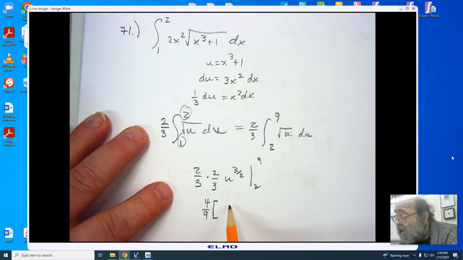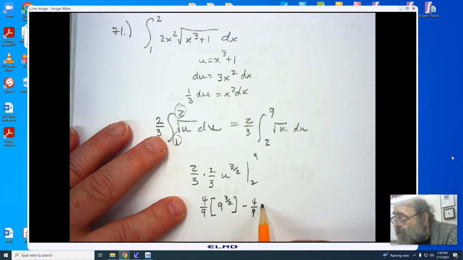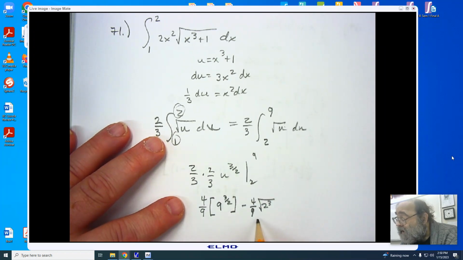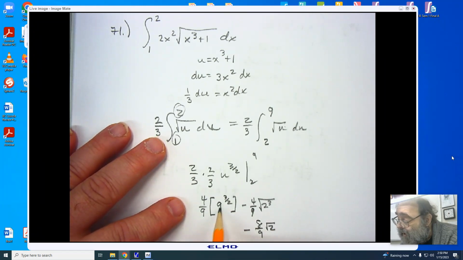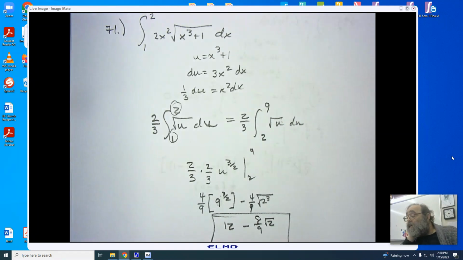I then have 4/9 times 9 to the 3/2 power minus 4/9 of 2 to the 3/2. Notice that's going to give me 8/9 root 2. And this is going to give me 108/9, which is 12. And I get 12 minus 8 root 2 over 9.